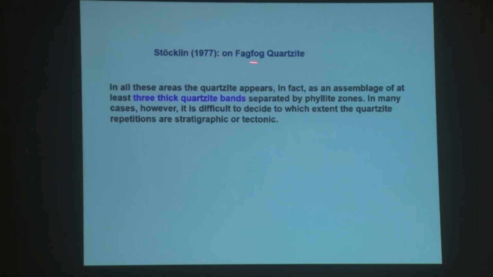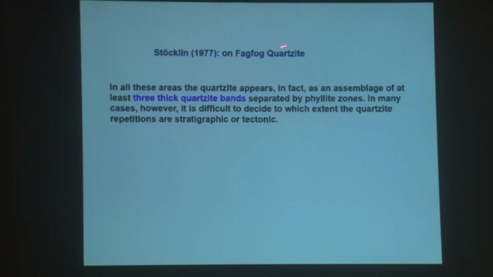Here, for example, Fagfog quartzite. Actually, Fagfog quartzite is not a single band. It has 3 bands, and sometimes there could be tectonics, but there are several bands separated by phyllites. So whenever they saw some differences, they noticed them and included them in the stratigraphy. Similar descriptions are given to each of these rock units in that publication.